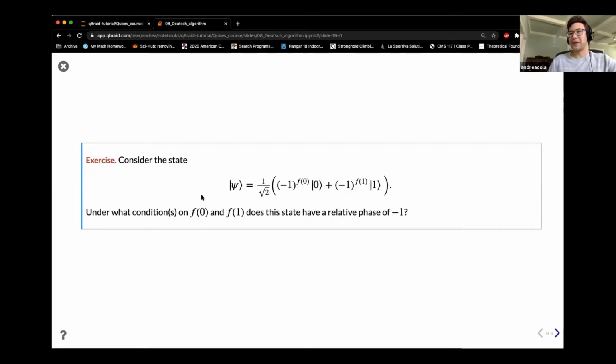So if one of them is 0 and the other one is 1, it doesn't matter which is which. If the two values of the function are different, so the function is balanced, then there will be a -1 factor of difference between the amplitudes of the two kets, ket 0 and ket 1. Does that make sense?